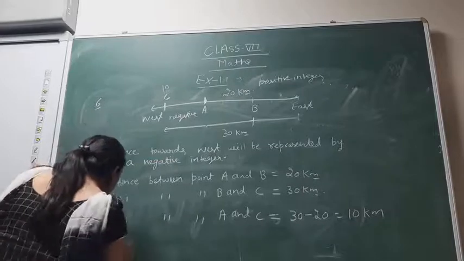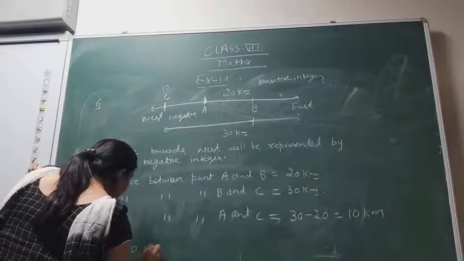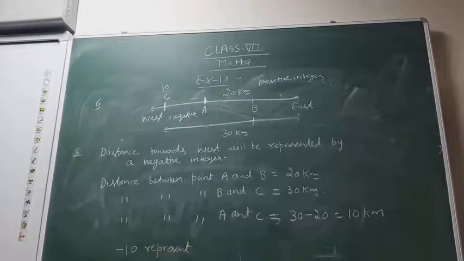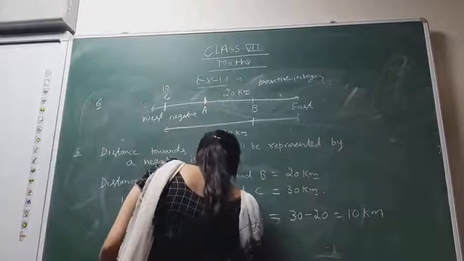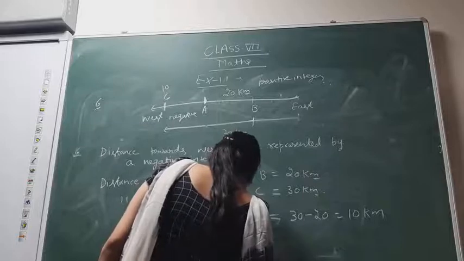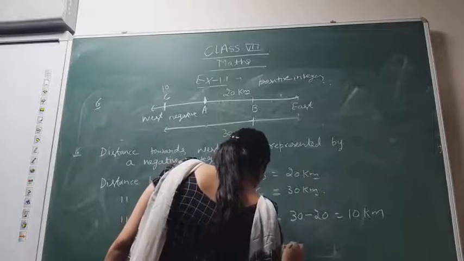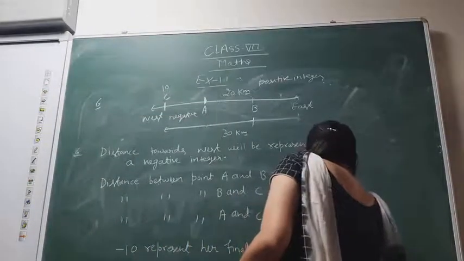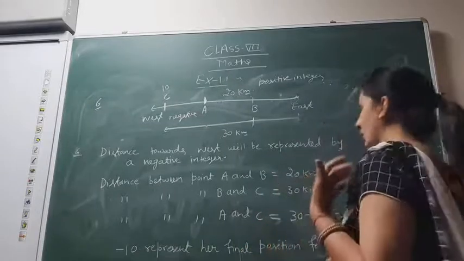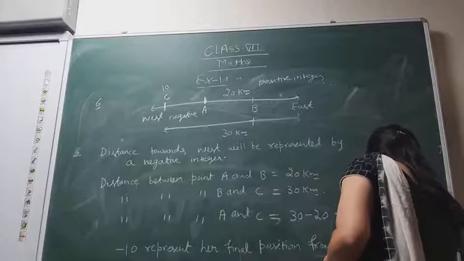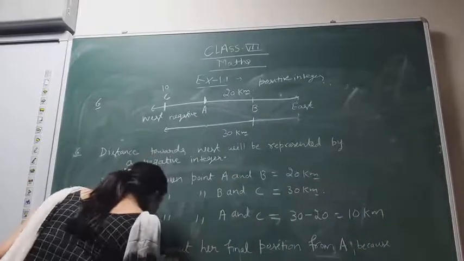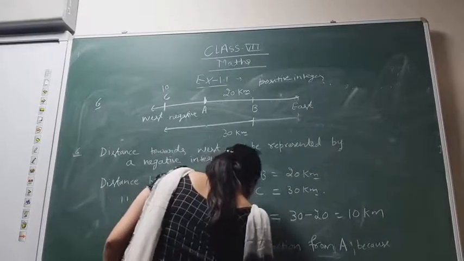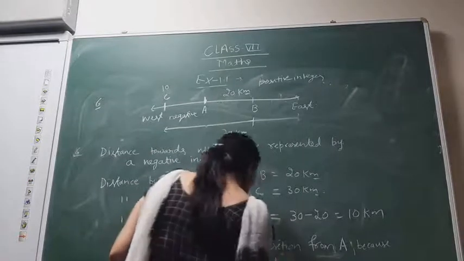So minus 10 represents her final position from A, because west direction represents negative integer.